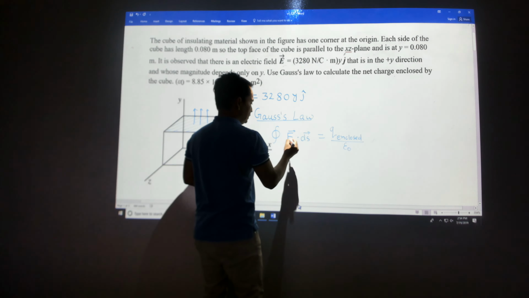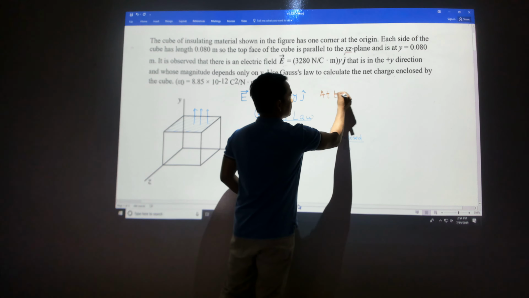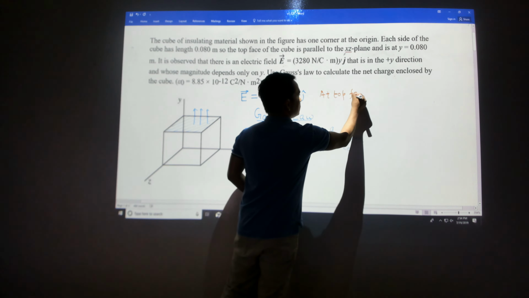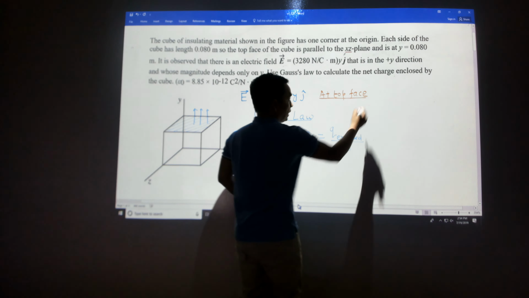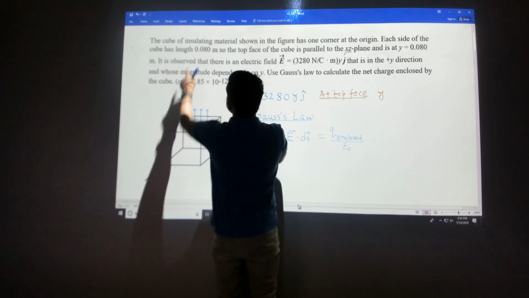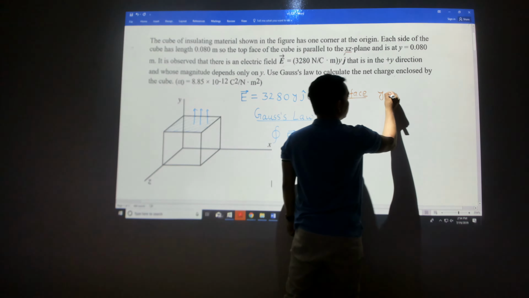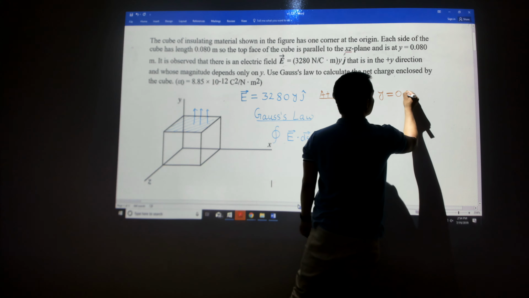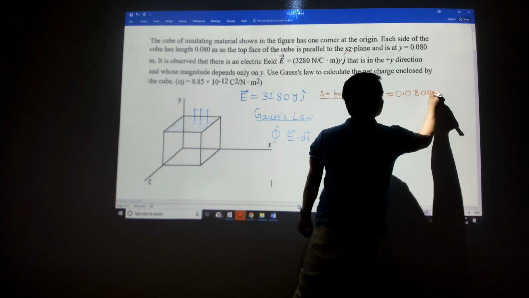I can write down here, at the top face, y has the value of the length or height that is given. Each side is 0.080 meter.